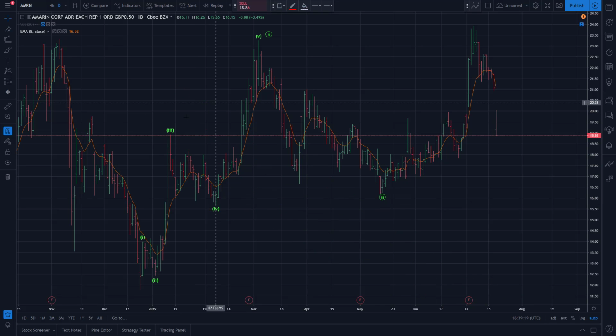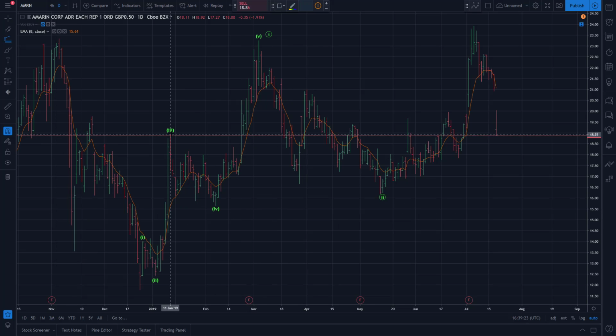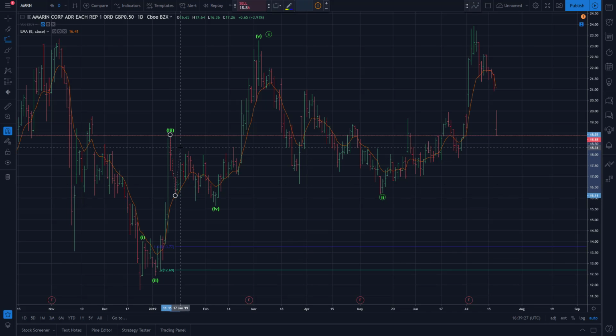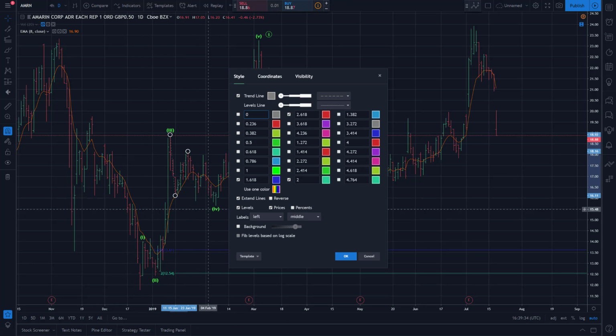But more importantly, you got your initial swing down, then you got your initial swing up, and some common relationships within a corrective pattern like this would be equality and the 618.